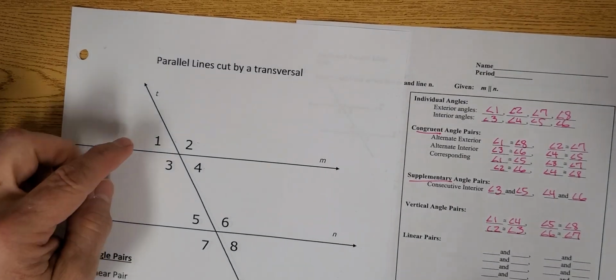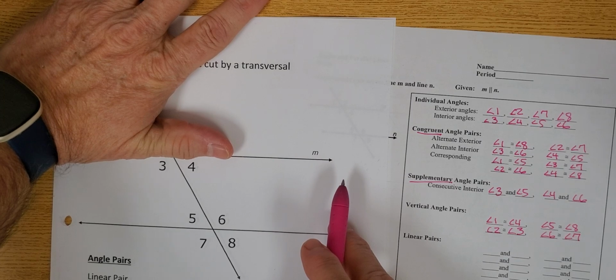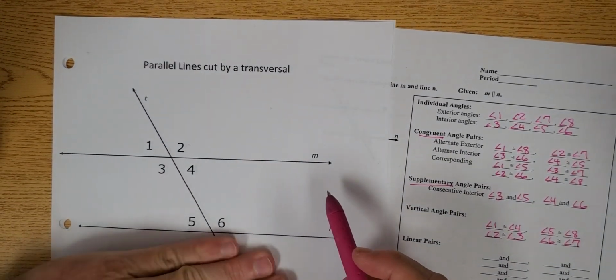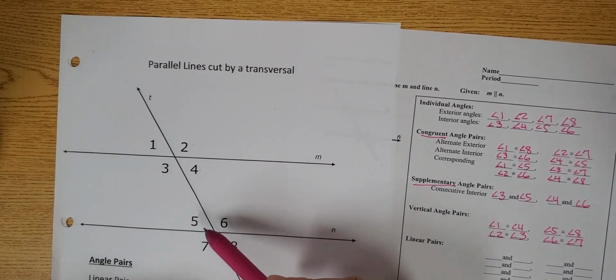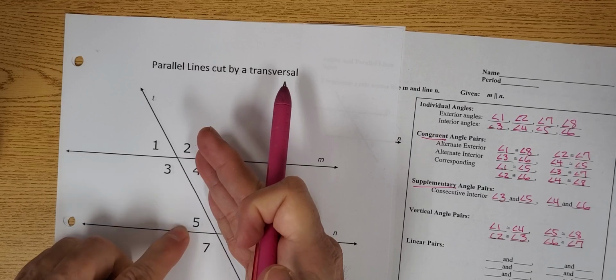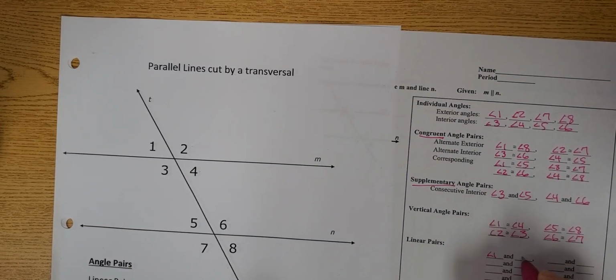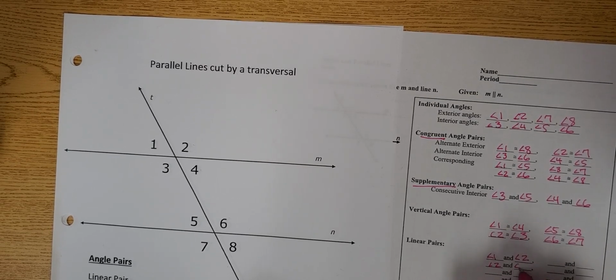Linear pairs, there's a ton of them. 1 and 2, anything on a straight line, 2 and 4, right? 3 and 4, 1 and 3, right? 5 and 6, 6 and 8, 7 and 8, and I don't know if I did 5 and 7, right? So those are a bunch of linear pairs. So I'll say angle 1 and angle 2, angle 2 and angle 4, right?